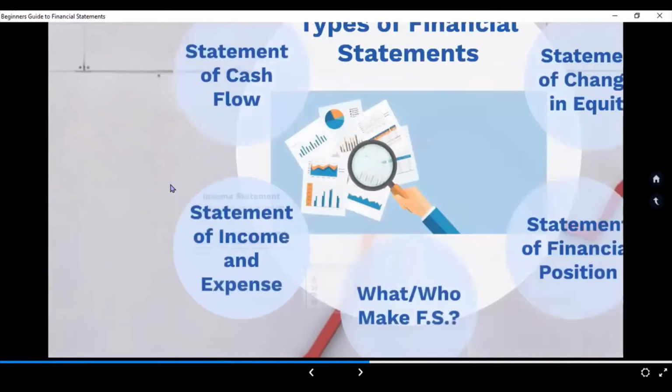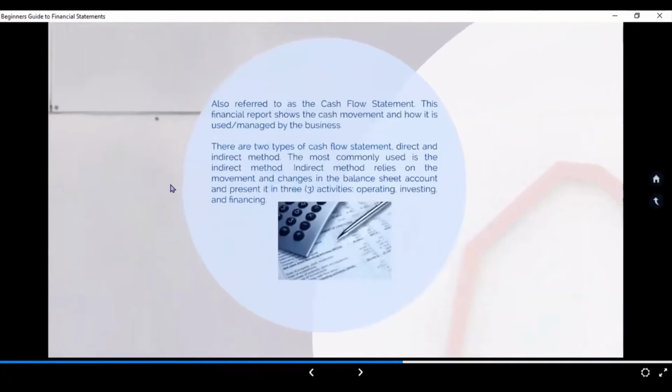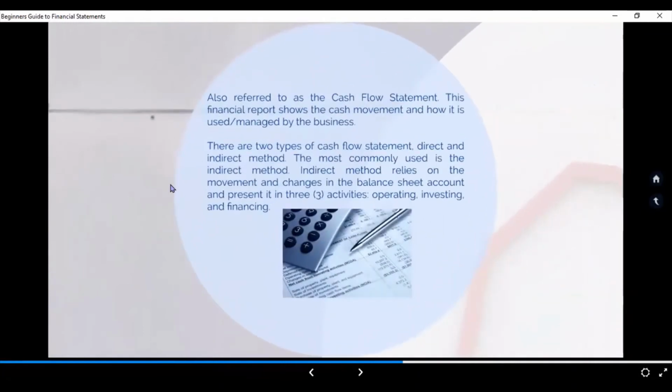Let's now go to the next one. Your statement of cash flow. For the statement of cash flow, it is showing you actually from the word itself, the movement of your cash from the cash disbursement and your cash receipt. And actually, it is also divided into 3 activities.